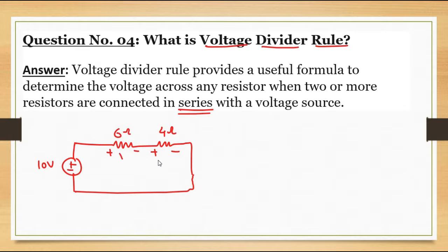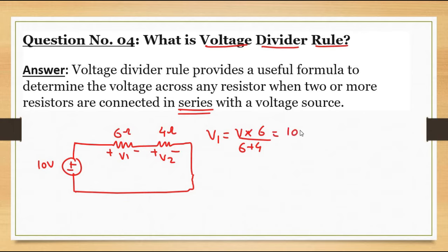I am giving the names V1 and V2. Now the value of V1 will be equal to the total source voltage V into the resistor across which we have to find the voltage, into 6, divided by the total resistance, which is 6 plus 4.